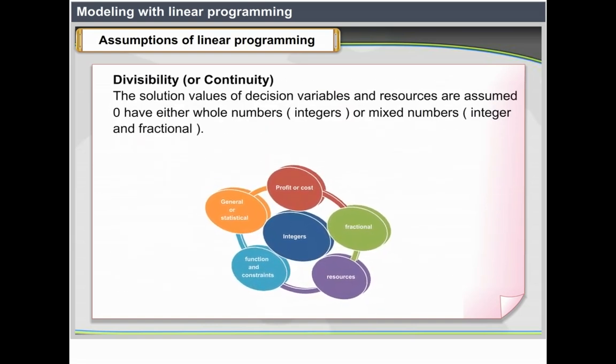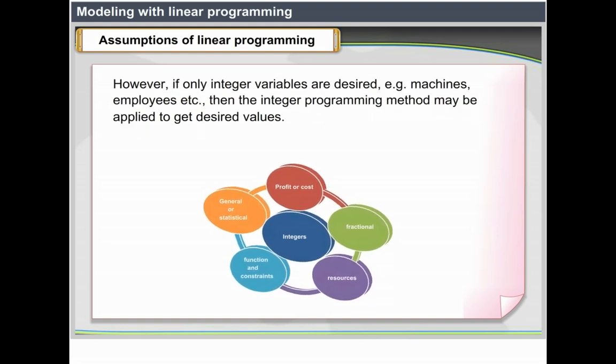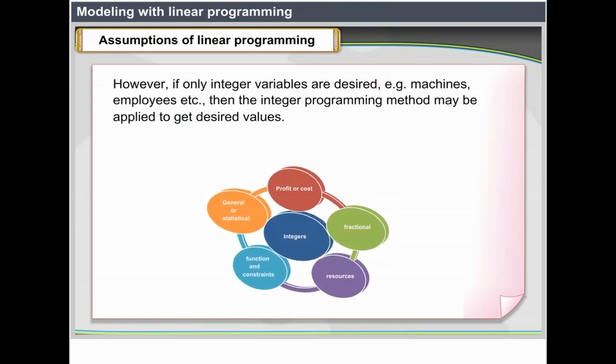Divisibility or continuity. The solution values of decision variables and resources are assumed to have either whole numbers (integers) or mixed numbers (integers and fractional). However, if only integer variables are desired, for example machines, employees, etc., then the integer programming method may be applied to get desired values.